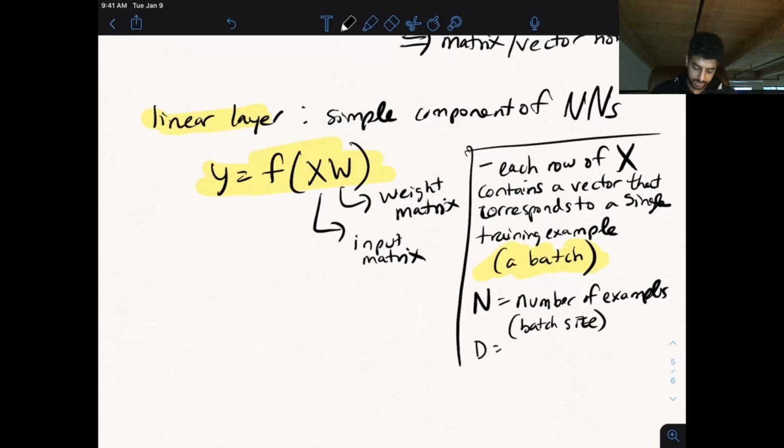Let's say D is the dimensionality of the vectors in X. Actually, let's make this more similar to the example and say D is the dimensionality of embeddings and M is the dimensionality of hidden.